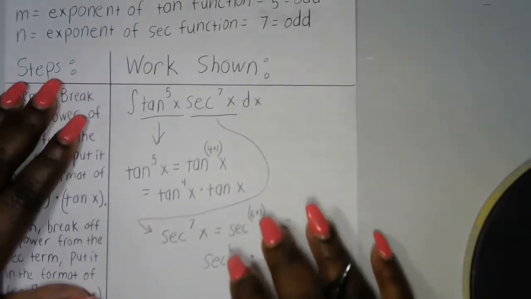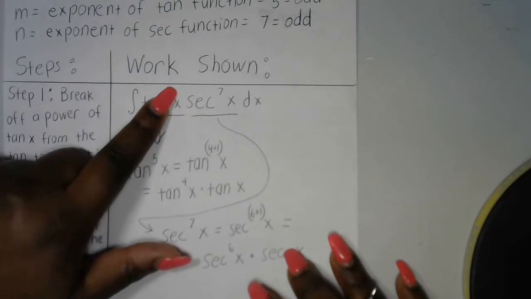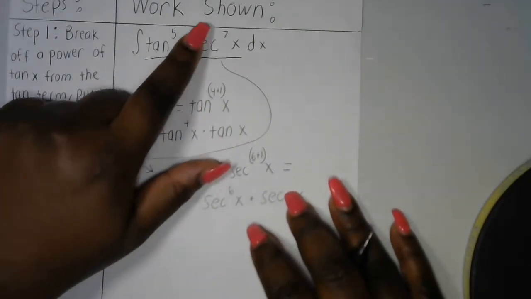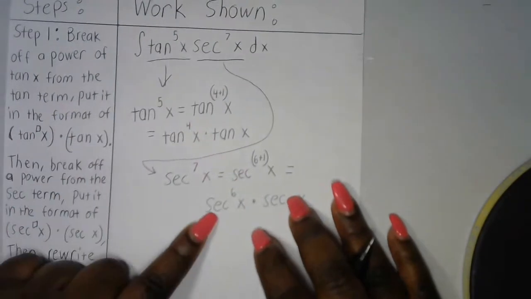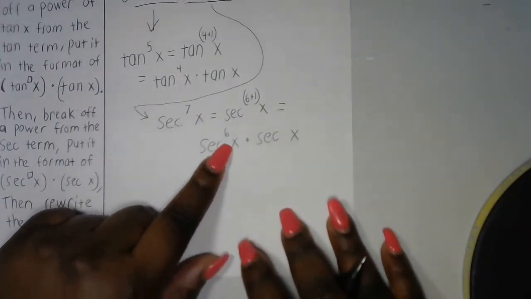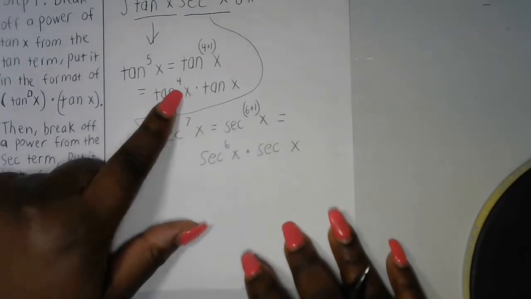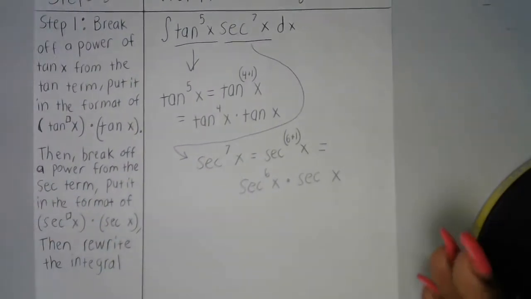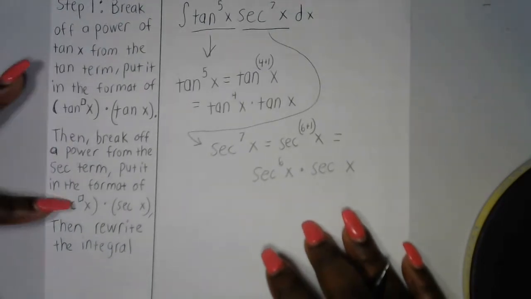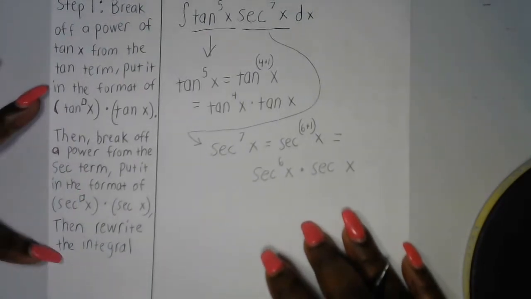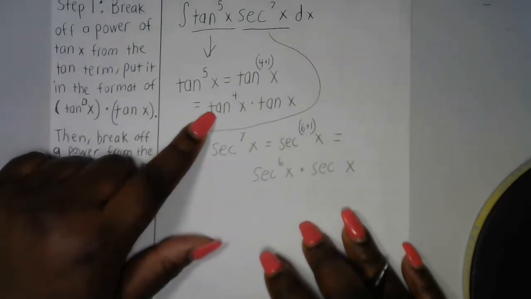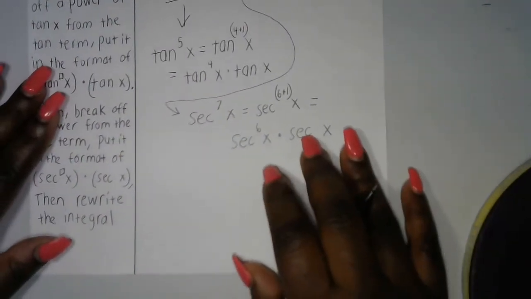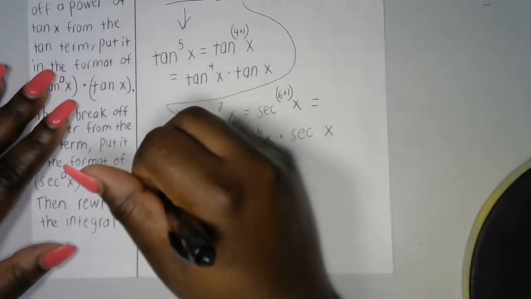So now you can see that we broke down tan x to the 5th power into tan x to the 4th power times tan x, and secant x to the 7th power into secant x to the 6th power times secant x. For each of these, we broke off a power of the term and put it into these formats. Now let's rewrite the integral using the broken off powers.